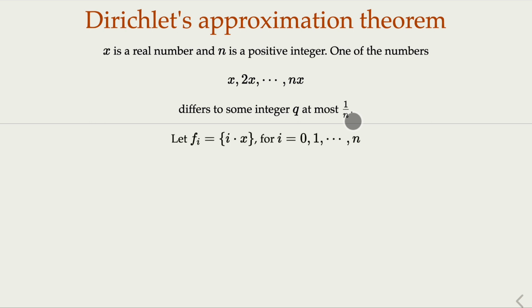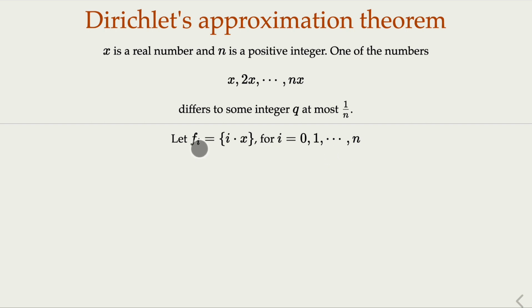We consider the fractional parts of those quantities here. Now this symbol represents the fractional part of a number. For example, if I have 3.14, this bracket will take 0.14, the fractional part of the value. So here, we're considering these n plus 1 values, right? From 0 to x or 2x up to nx, the fractional part of each.